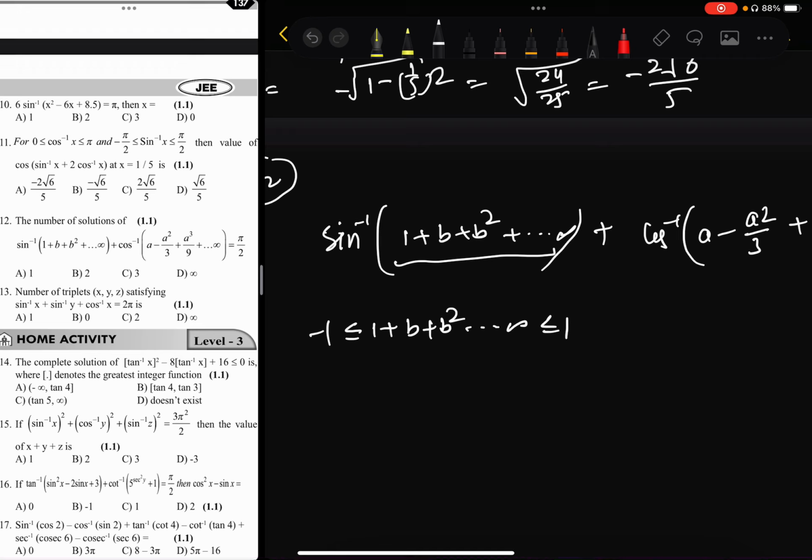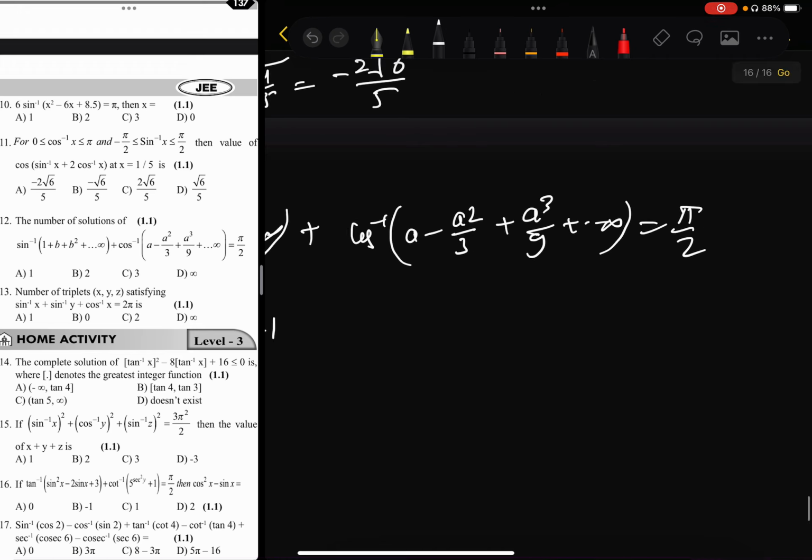that means we can use the formula for infinite GP, right? For infinite GP, these are the conditions, and this expression is following them here. So what will be the sum of these numbers? So a upon 1 minus r. What is r here? b upon 1, that is b, and in the formula you have to write 1 minus r.